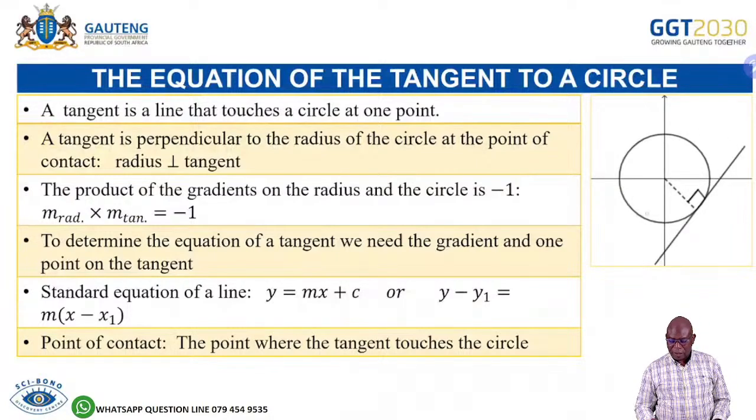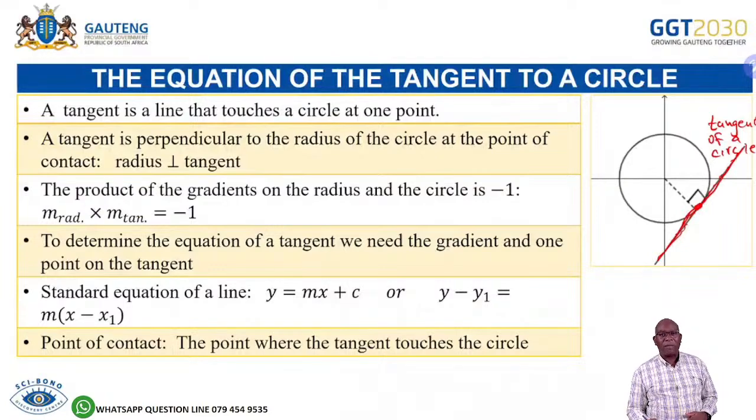If I've got a circle, and I've got a line that passes through one point, it touches only one point on the circle. That line is called a tangent. And how do we call it? A tangent of a circle, because now I'm talking about a circle.